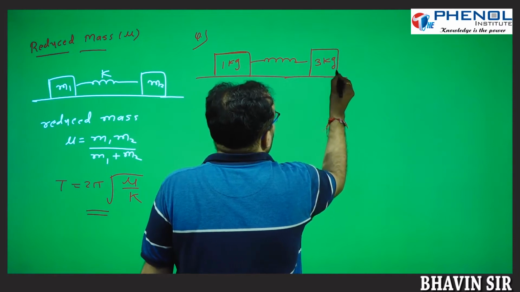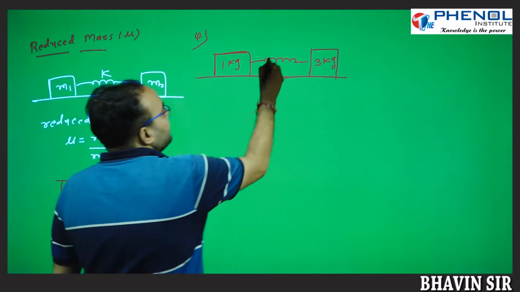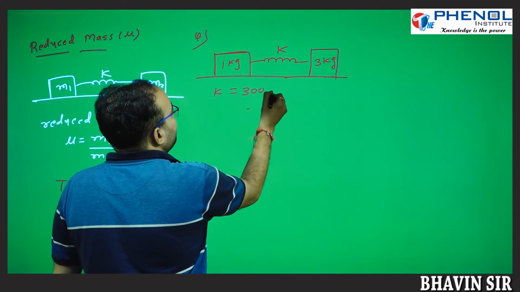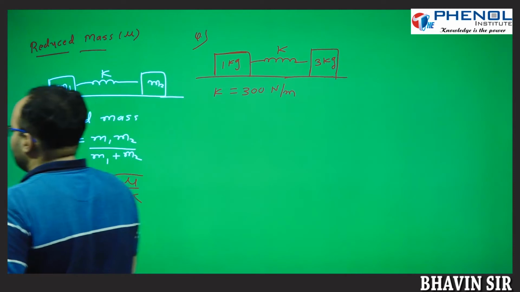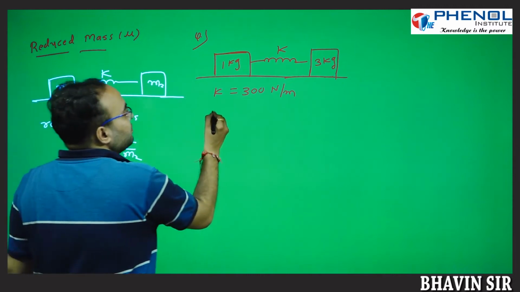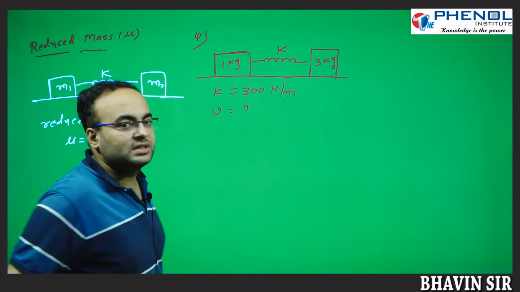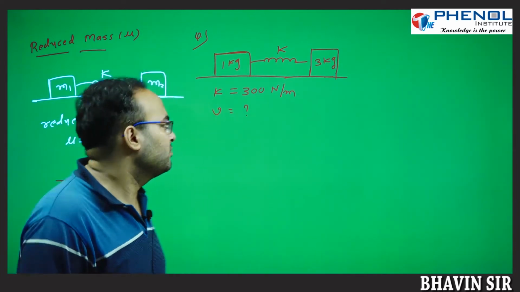Two blocks are there, 1 kg and 3 kg, with a spring of spring constant K. The value of the spring constant is 300 Newton per meter, and we want to find the frequency of oscillation for SHM, simple harmonic motion.